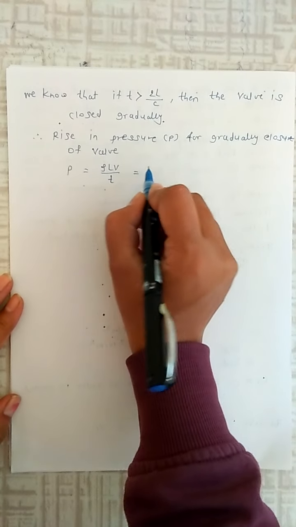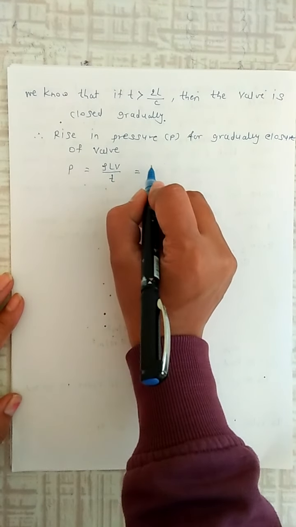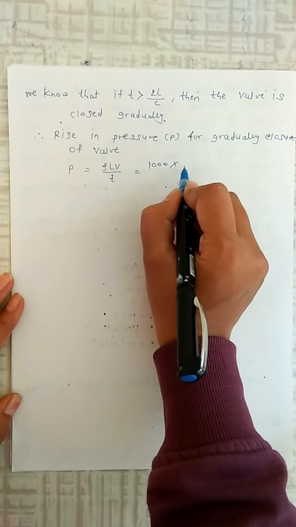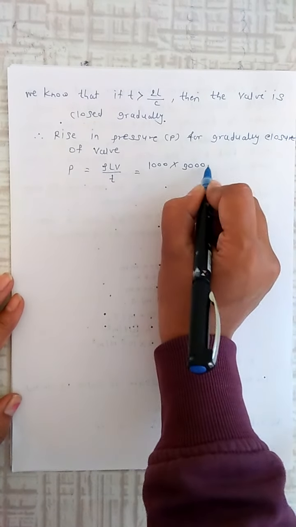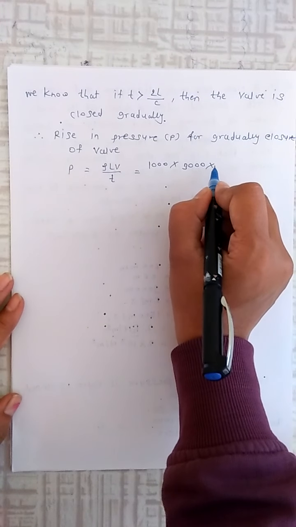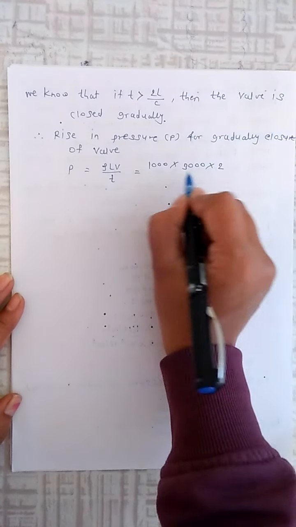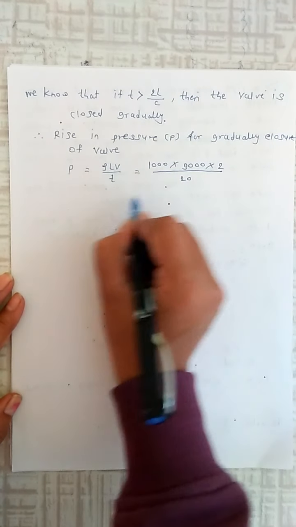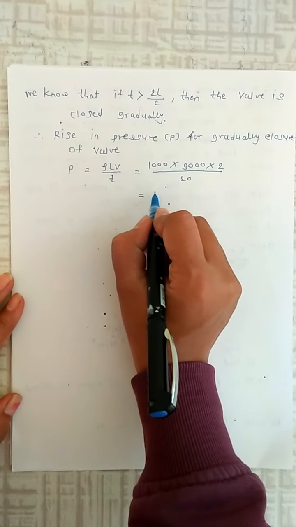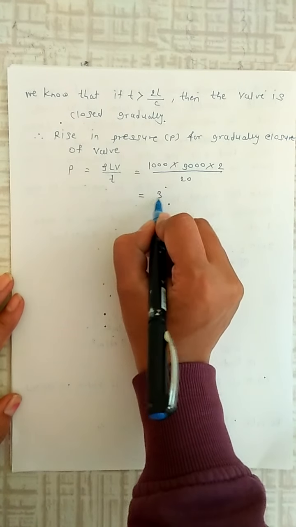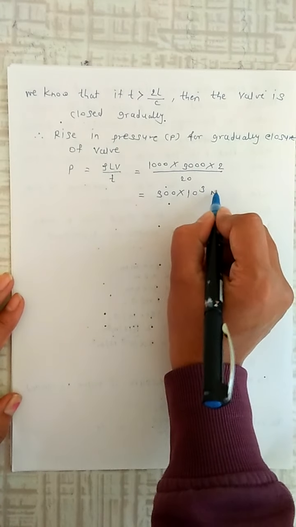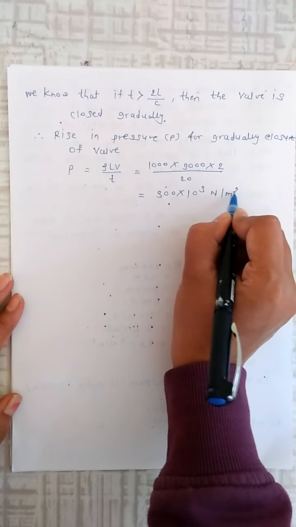Okay, so we have the density for water as 1000 kg per meter cube, length is 3000 and V is 2 meter per second for the time 20 seconds. So we get the answer, that is 300 into 10 raised to 3 Newton per meter square.